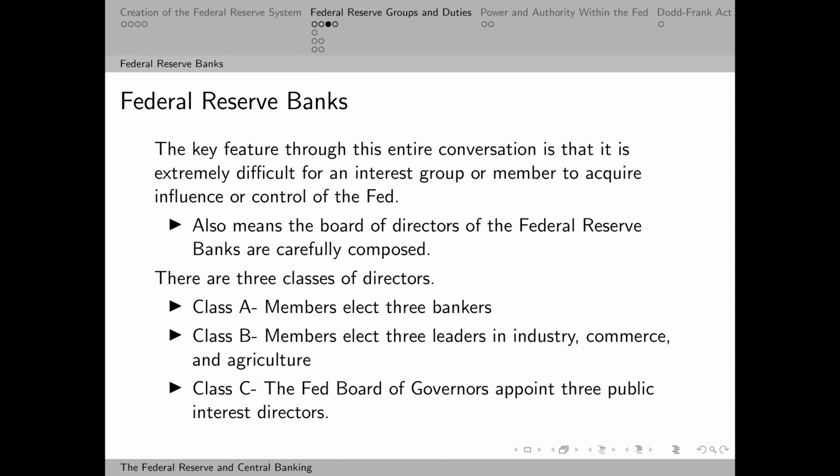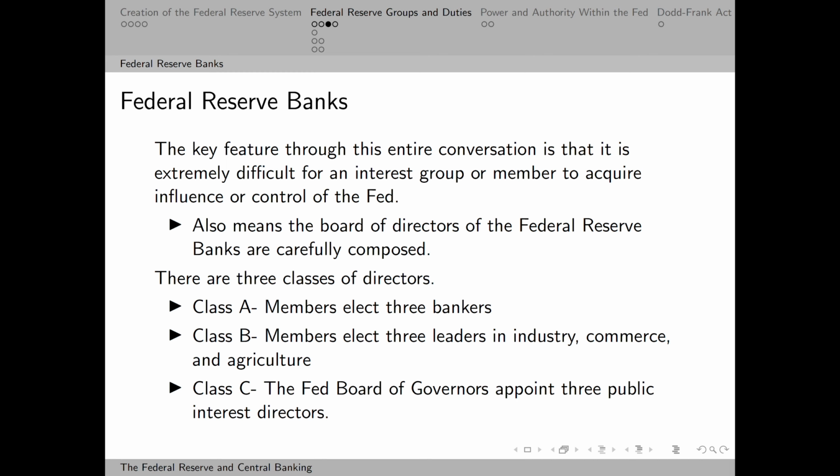Now, you need to remember here and through the rest of the videos that the entire design is to try and prevent an interest group or member from just taking over control of the Fed or getting any sort of preferential treatment, which means that the boards of directors of the Federal Reserve Banks are carefully composed. So there are three classes. Class A has three bankers.